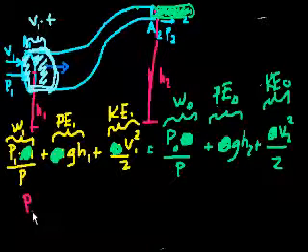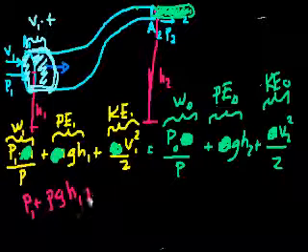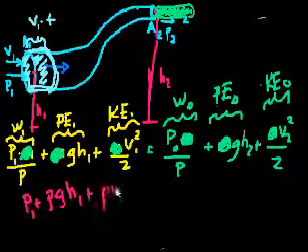And what we're left with is, and let me write this in a vibrant color, P, the input pressure, plus, we're multiplying everything by this rho, this density, so we have input pressure plus rho g h1, the input height, the initial height, plus rho v squared over 2.